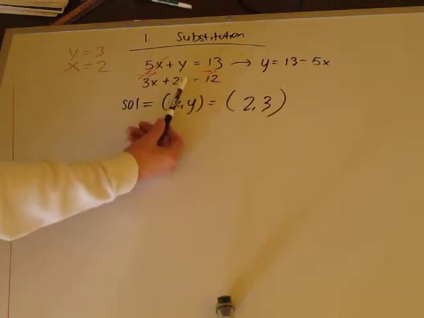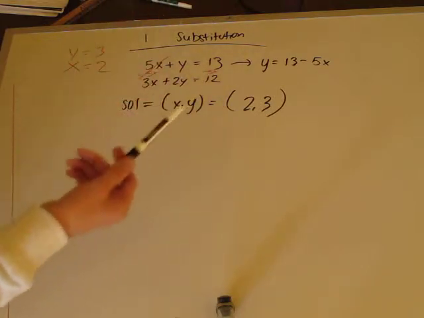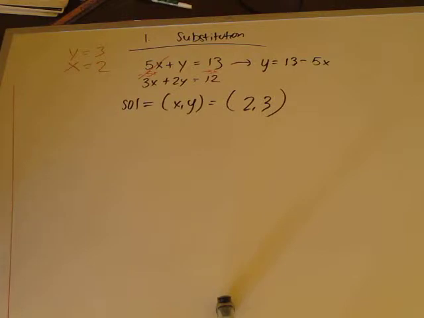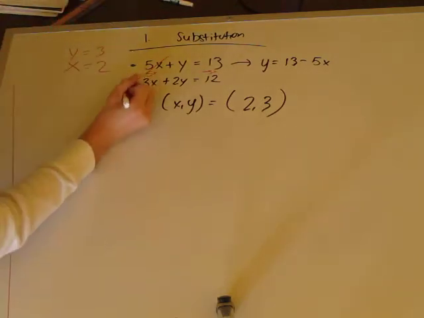And then I divided by 2, so you get y equals 6 minus 3 halves x. So this is your blue equation on the graph, and this is your red equation on the graph, just so you guys can see that a little bit better.